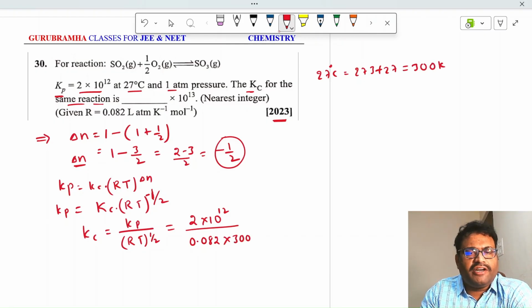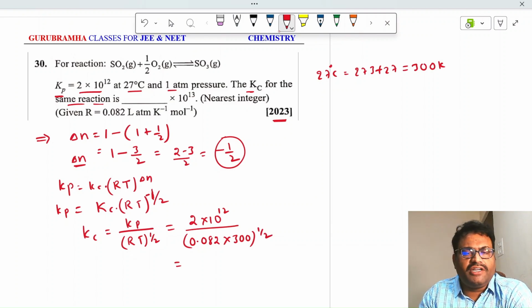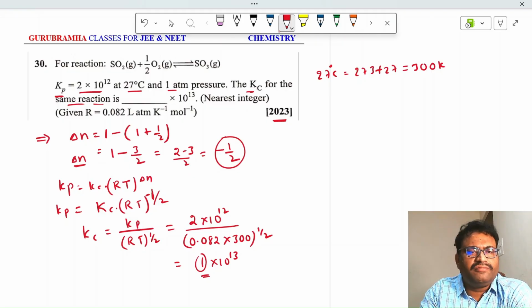So 300 whole power 1 by 2. On calculating this, we get 1 into 10 power 13. So the answer will be 1.